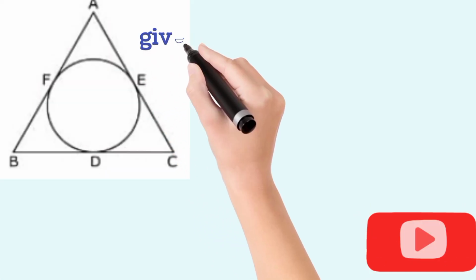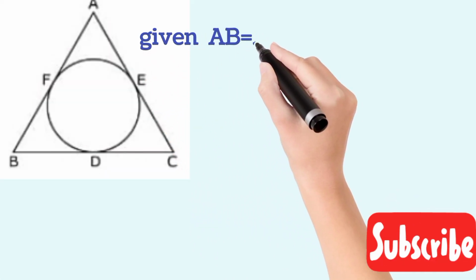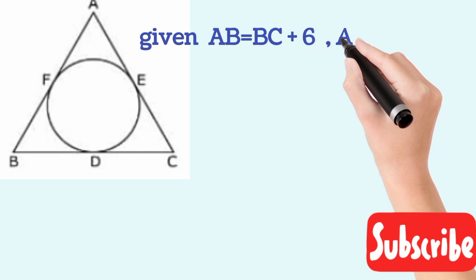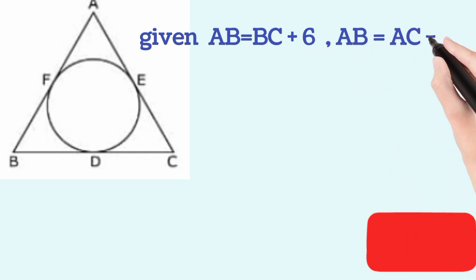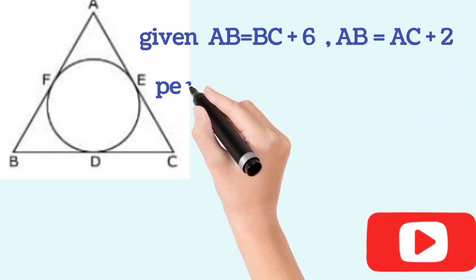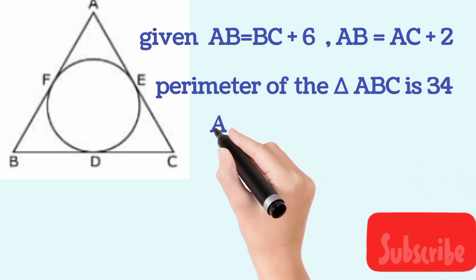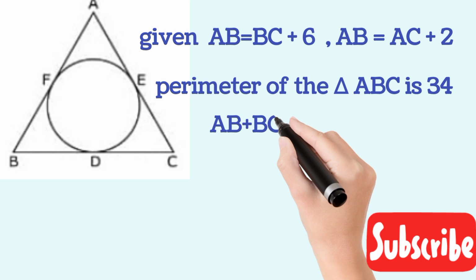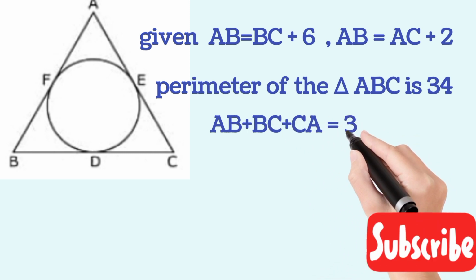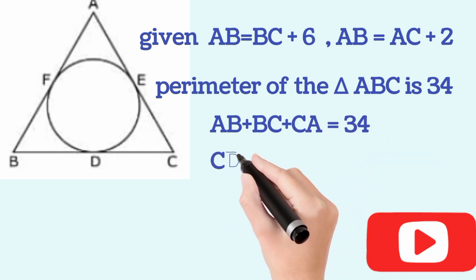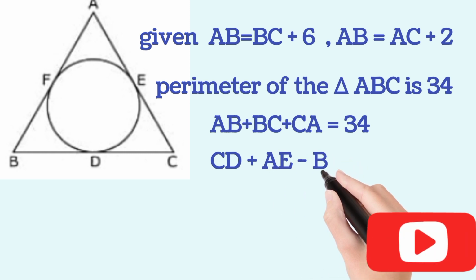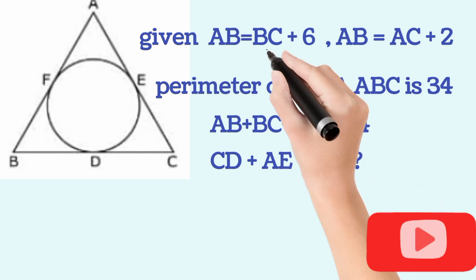So it is given in the question that AB is equal to BC plus 6 and AB is also equal to AC plus 2. Now the perimeter of the triangle ABC is 34. So this can be written as AB plus BC plus CA is equal to 34. And we have to find out the value of CD plus AE minus BF.